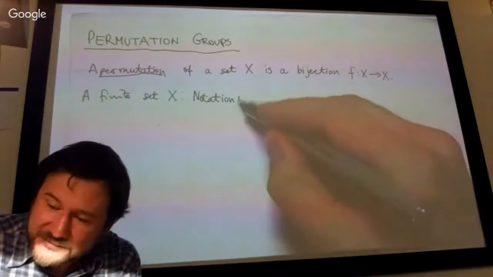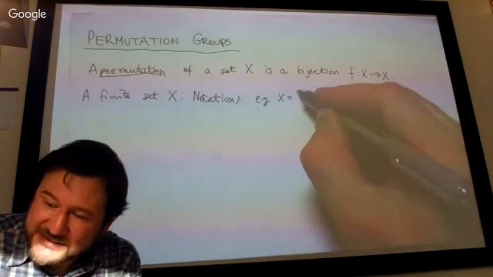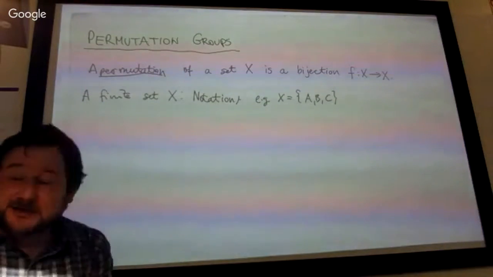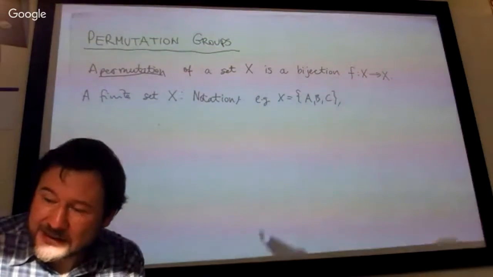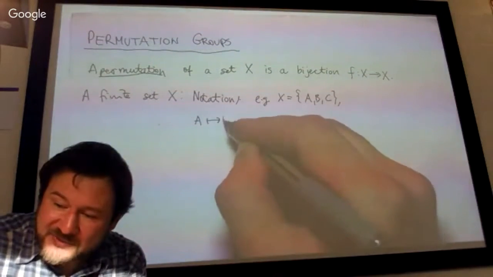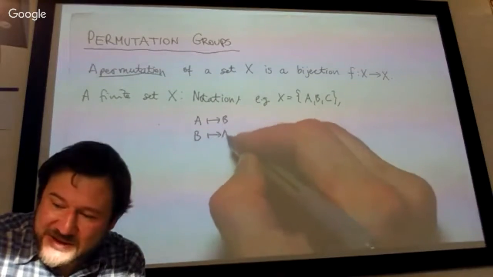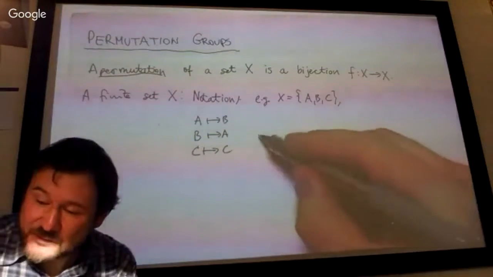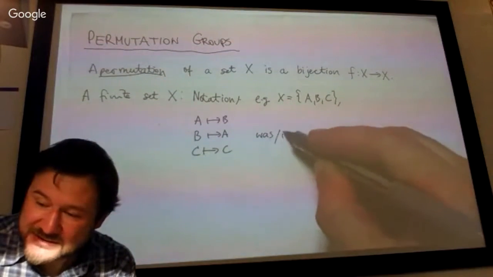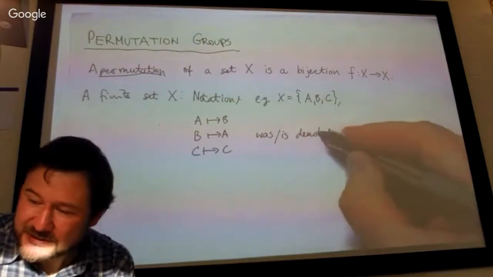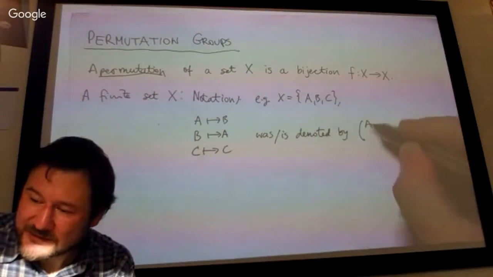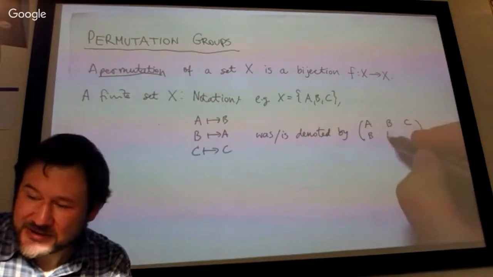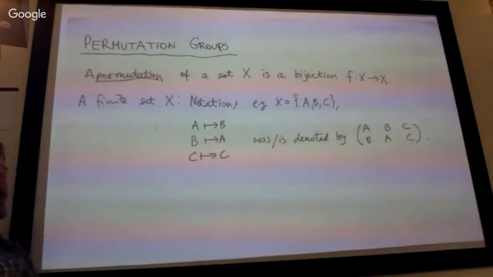For example, if X is {A, B, C}, to follow the book, and A is mapped to B, and B is mapped to A, and C is mapped to C, this is denoted by putting A, B, C at the top, and then the images go below: B, A, C. Have you seen this before?